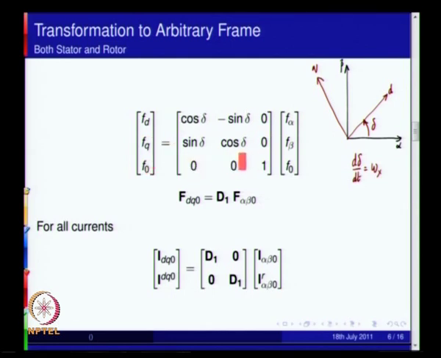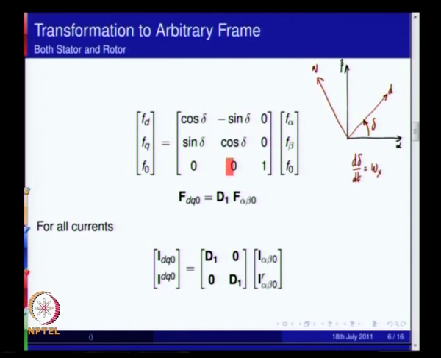Since both stator and rotor excitation sources are along the alpha beta axis, you have to transform both of them to the rotating axis, and the relationship between the alpha beta axis terms and the dq 0 axis terms now looks like this, where d1 is the matrix that we see here.